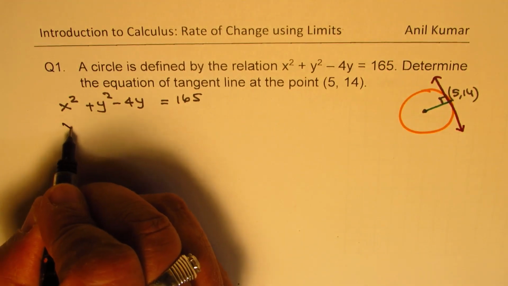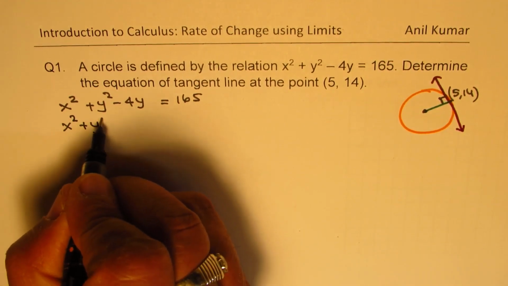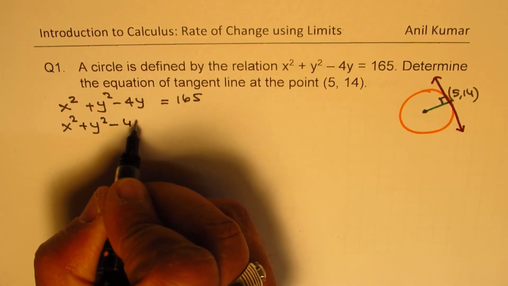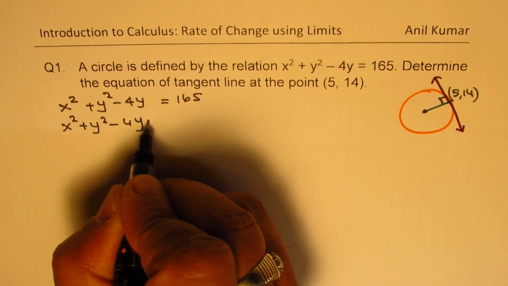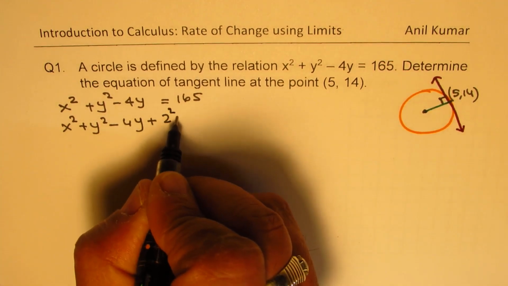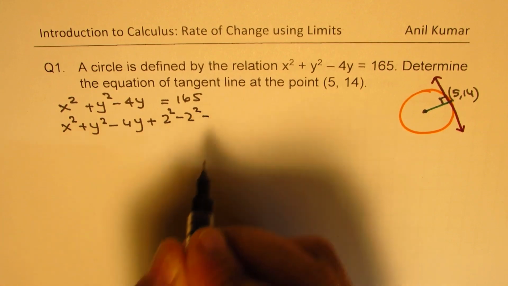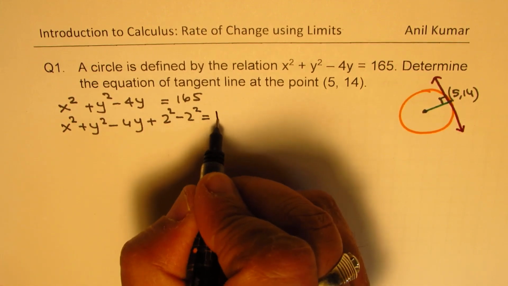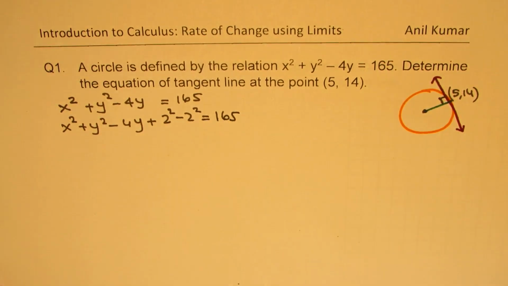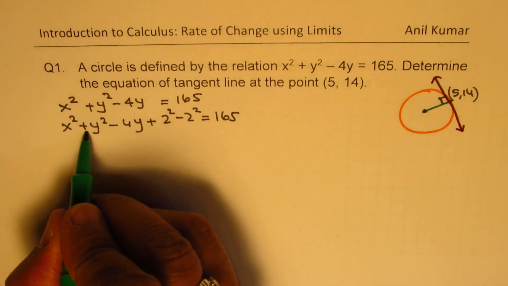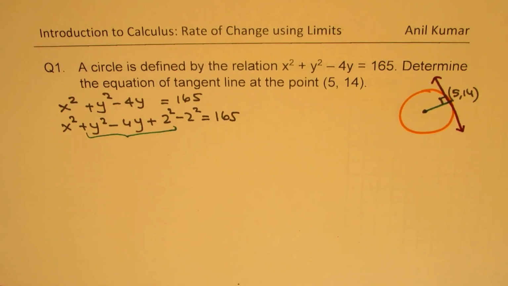To complete the squares, we need to add and subtract half of 4, right? Square, which is 2 square, right? So we'll add and subtract 2 square. And then these three terms will form a perfect square.